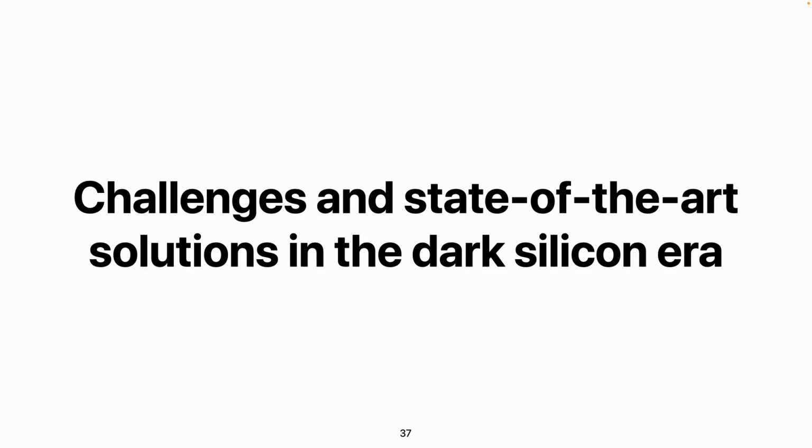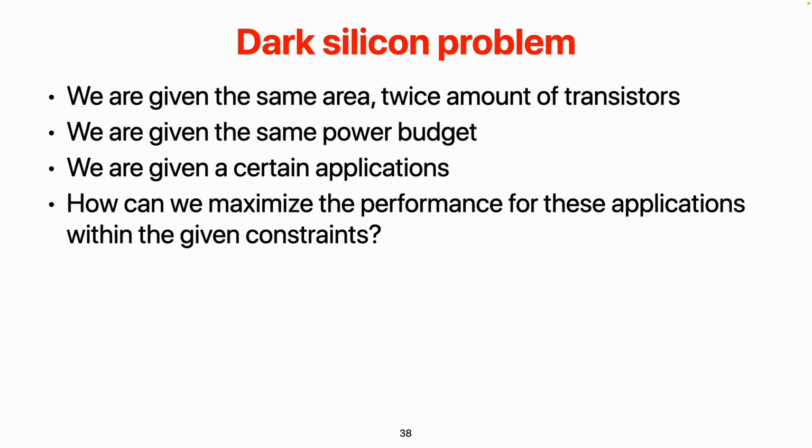Right? So regarding dark silicon, because it's a problem, we should have a clear definition. So what's the problem about? The definition of the dark silicon problem is that you're given the same area, twice the amount of transistors, and the same power budget, and certain applications.